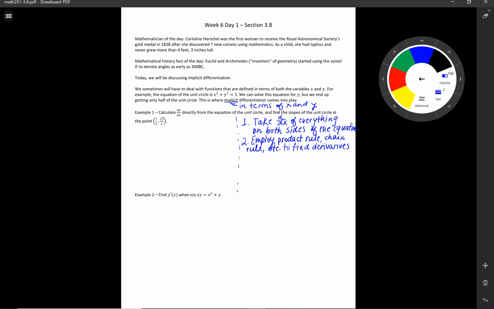Next, I get everything with a y prime on one side and everything without a y prime on the other side. This will make a lot more sense once we do an example.